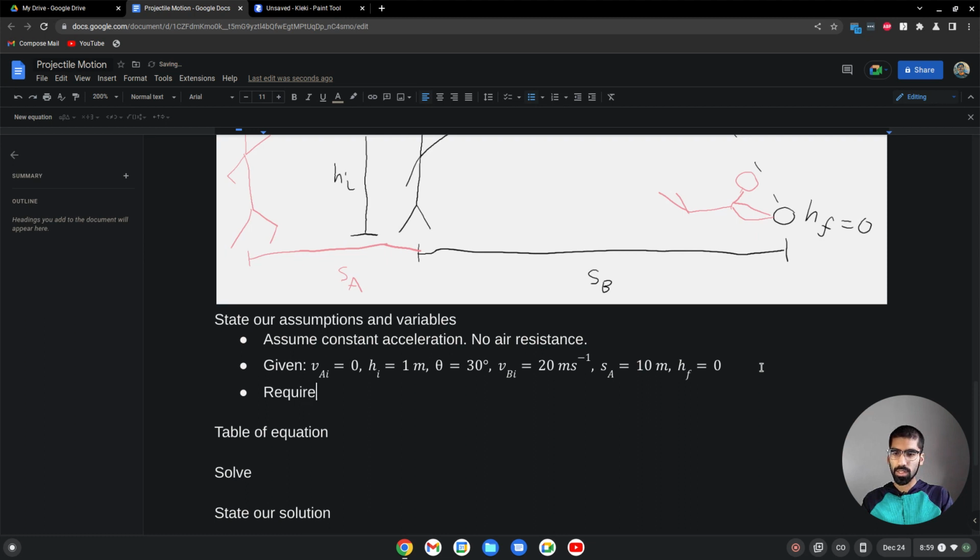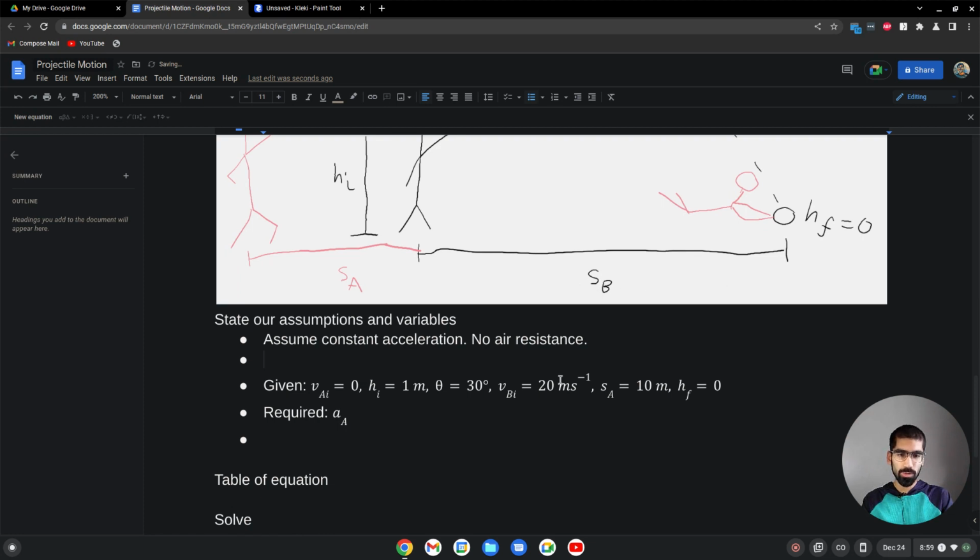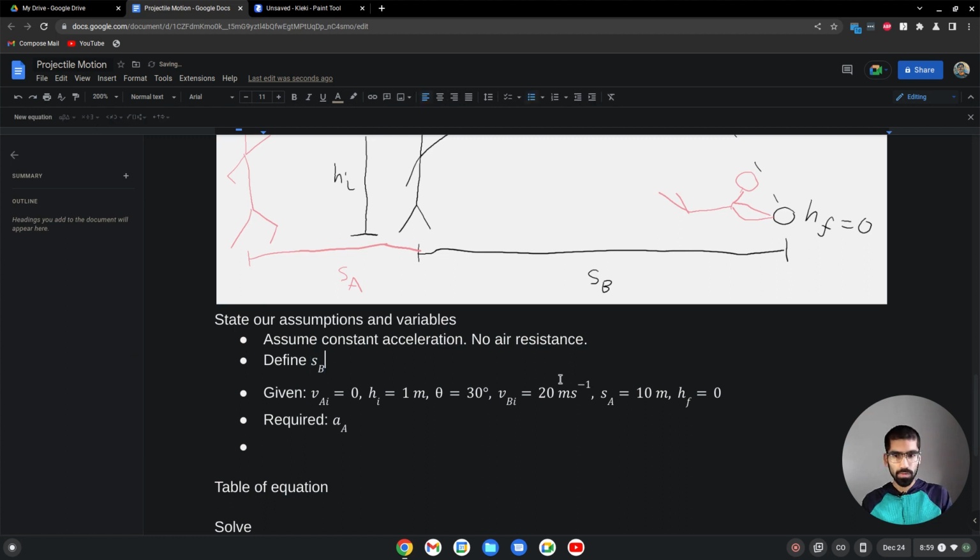Let's state our required variable. We're looking for the acceleration AA. Cool. And let's finally define, we created this variable and didn't explain it. Define SB to be the distance that the ball travels before hitting the ground, barely hitting the ground before it gets caught.